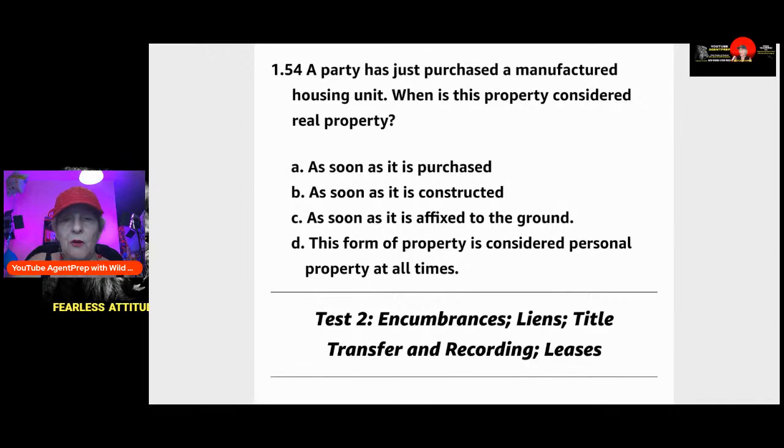So we do 10, or should we cut it there and then start with encumbrances, liens, title transfer, and recording and leases next time? Giving you an option. Answer in the chat quickly. All right, if I don't hear anything, I'm moving on.